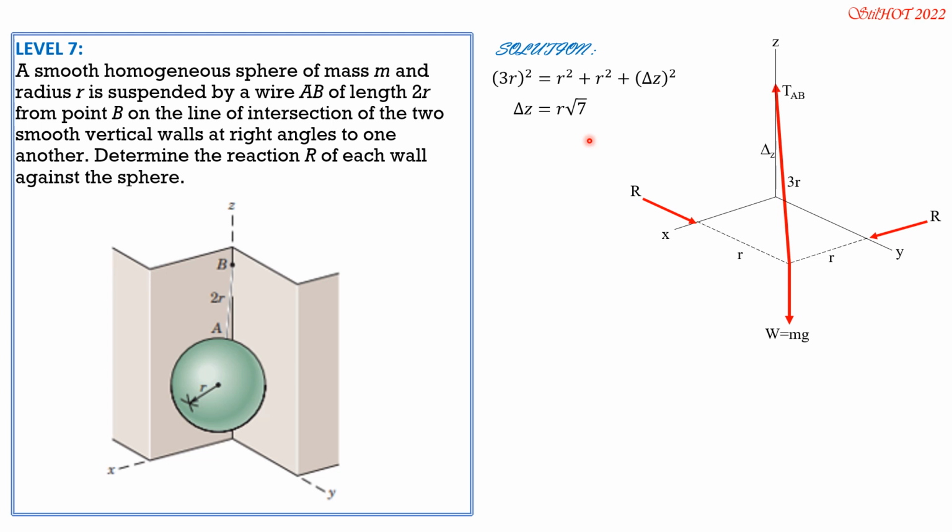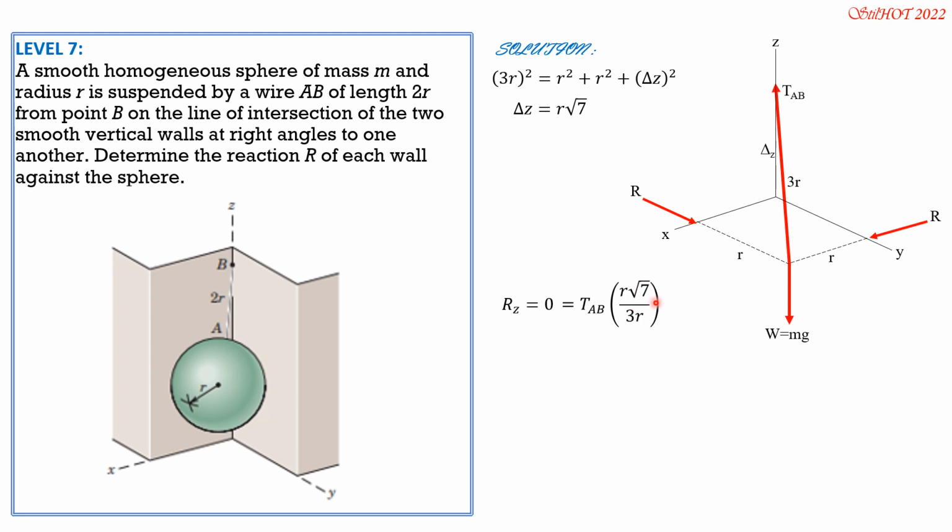Then sum of Fz is 0 to solve for tension AB first, and it is equal to the positive component of tension AB, which is tension AB times component of distance delta Z, which is R square root of 7, divided by distance, which is 3R.